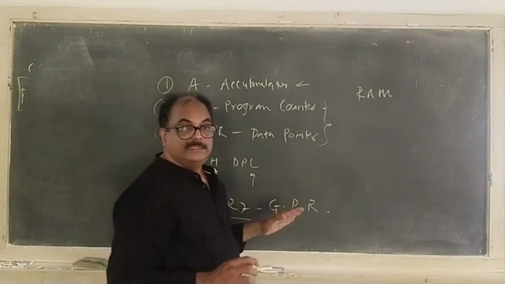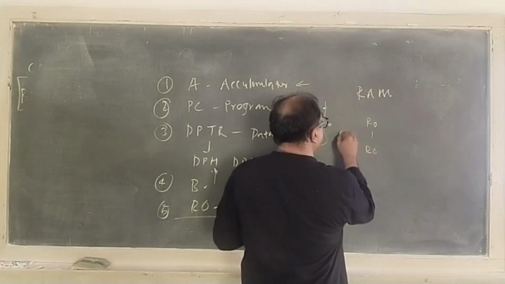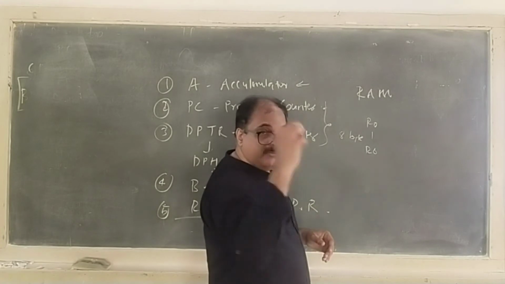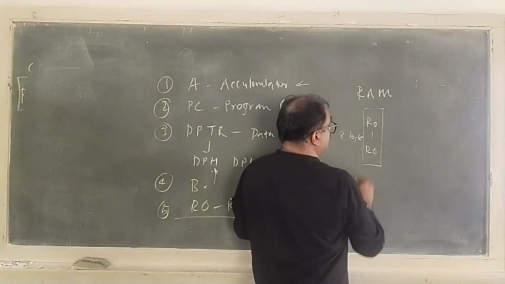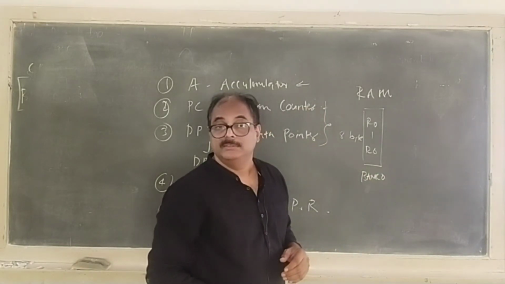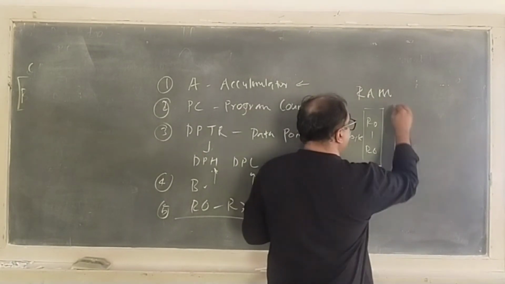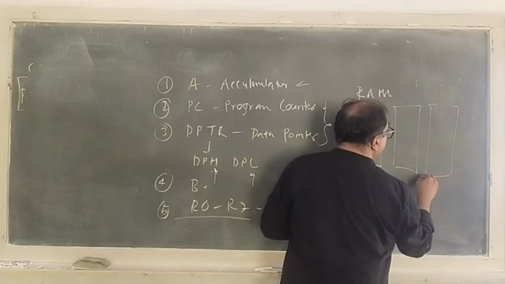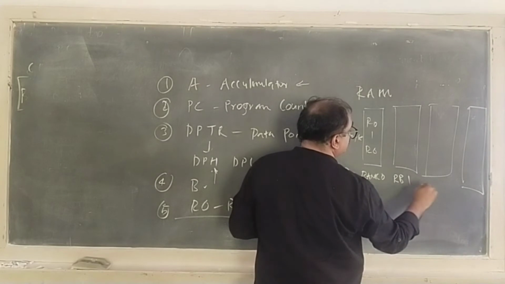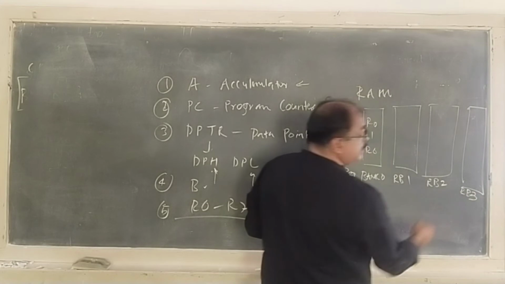So these registers R0 to R7, meaning 8 registers, 8 bytes, are a part of RAM. And what I told you is that this is one bank, register bank 0. Likewise, you have 3 more: register bank 1, register bank 2, register bank 3.